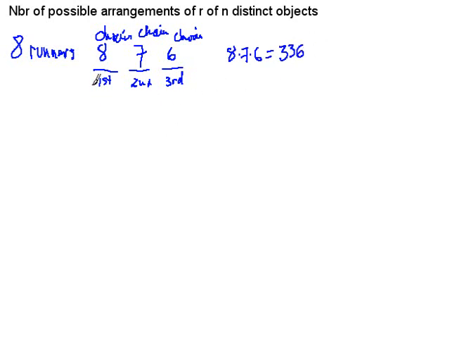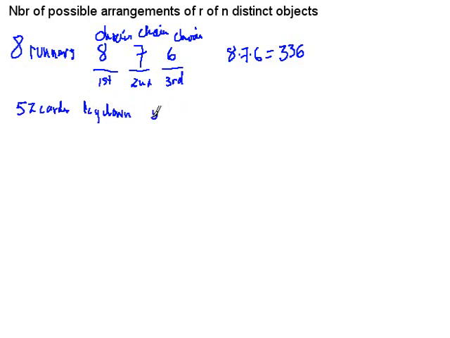Okay, but now, we saw how that worked. That was just an application of the multiplication principle there. But supposing we had bigger numbers. Supposing we had like 52 cards, and we wanted to lay down 13. And we wanted to figure out how many possible arrangements could be laid down.